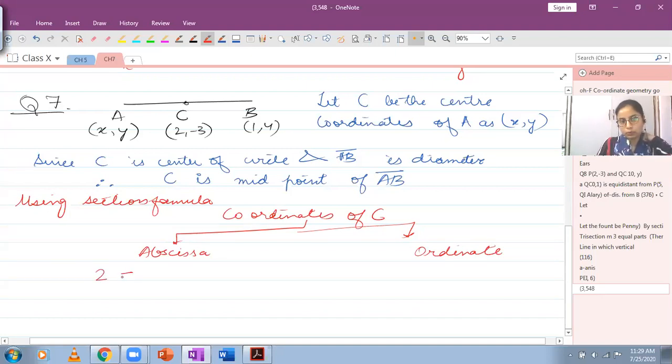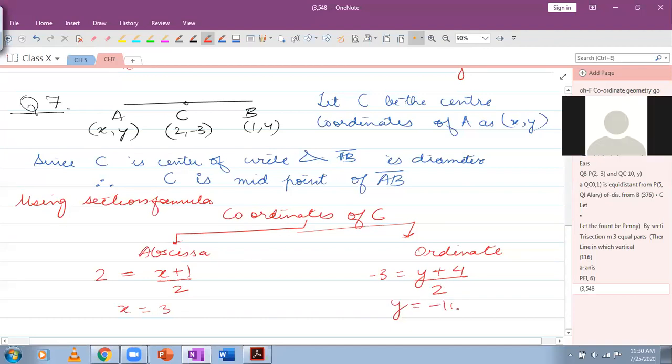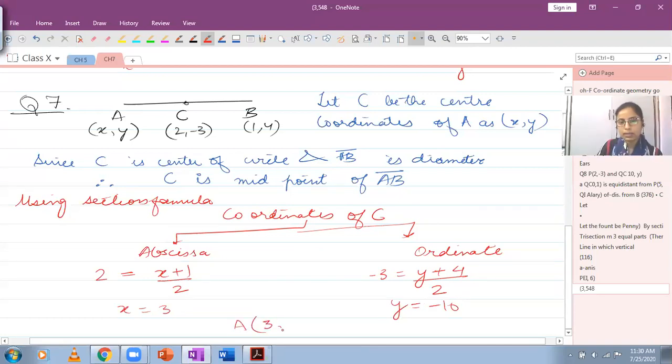So this will be 2 equals (x plus 1) by 2, and for the ordinate, -3 equals (y plus 4) by 2. So solving these, you can obtain x as 3 and y as -10. So A is this.